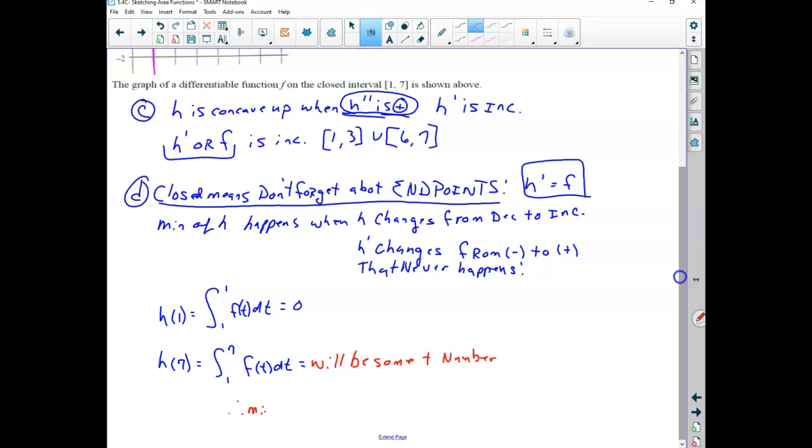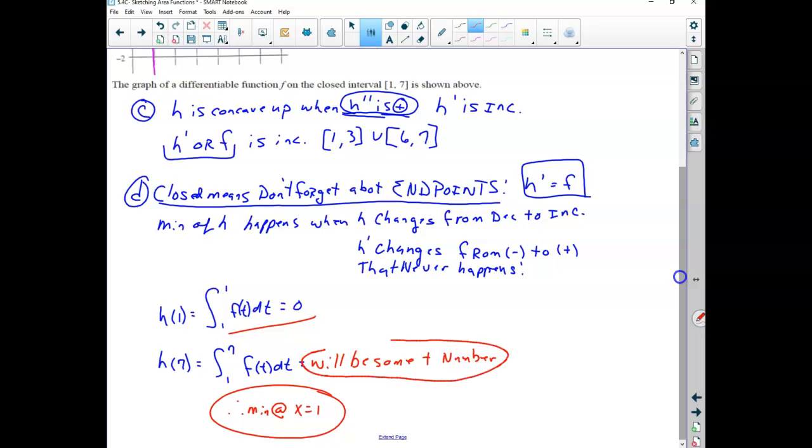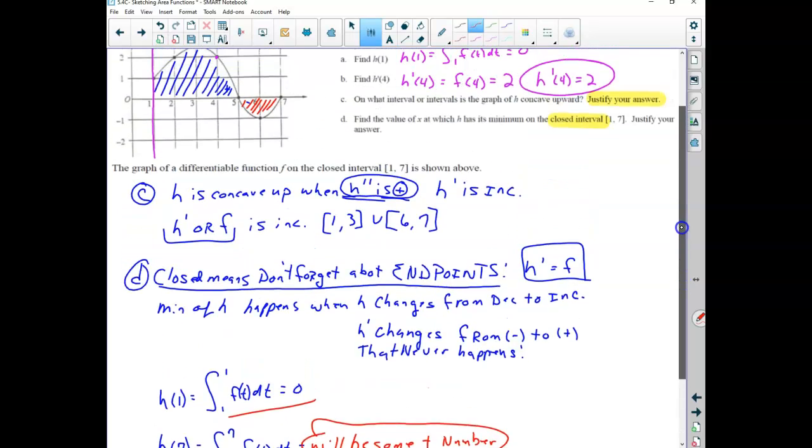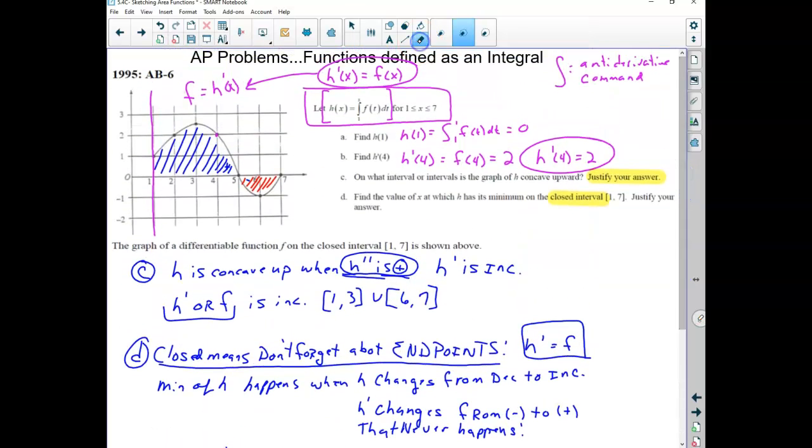Therefore, minimum at x equals 1. Because my minimum value is going to be right there at 0. And h of 7 is going to be some positive number because as I accumulate my area, and if you don't trust me, I'm going to accumulate my area here.